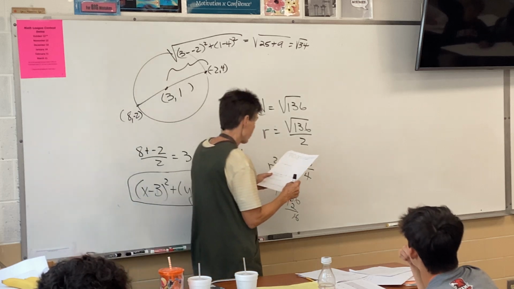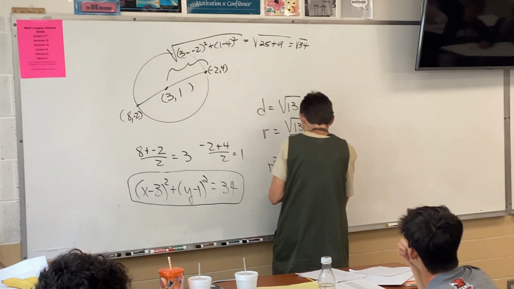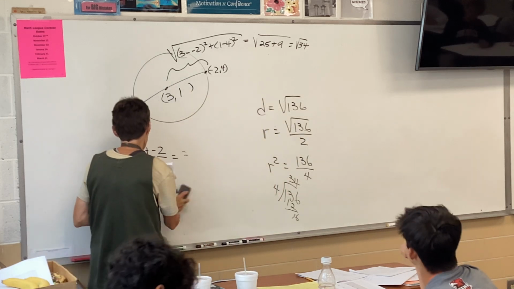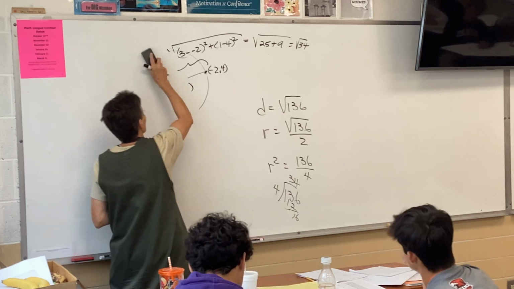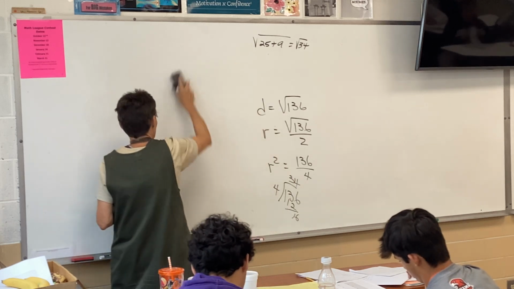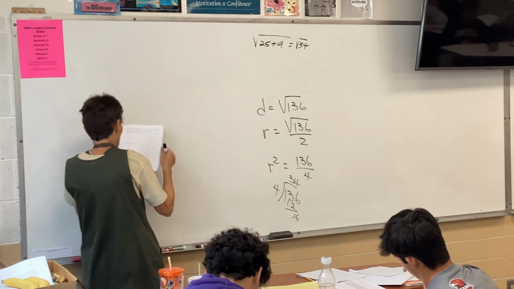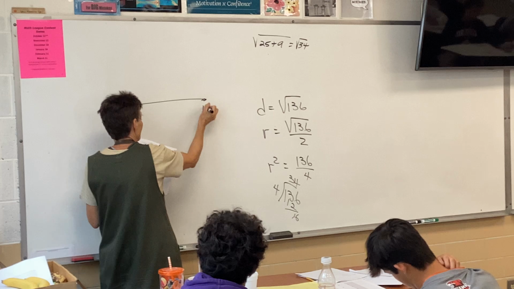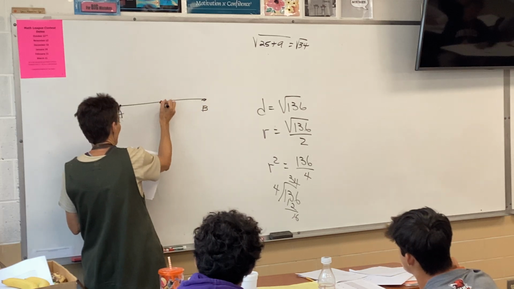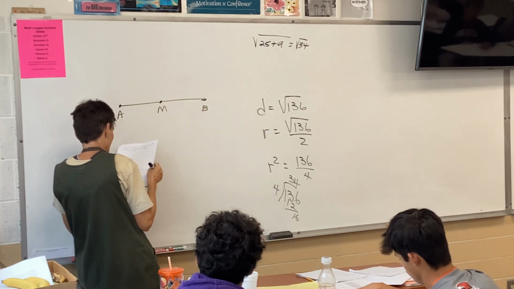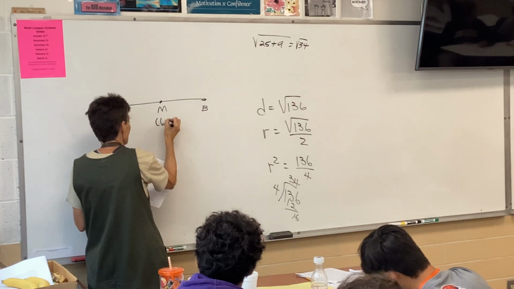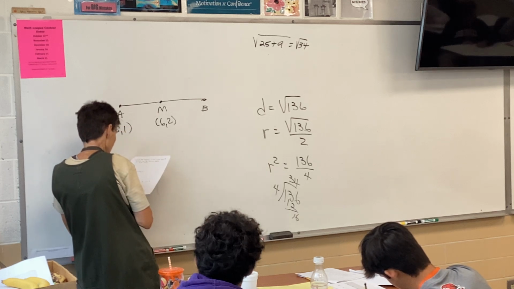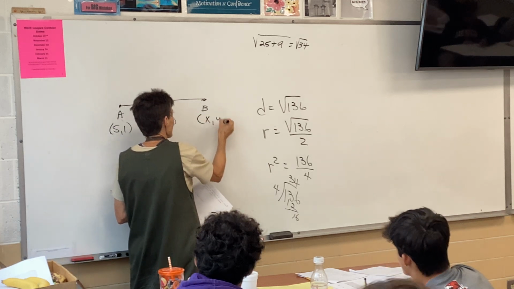Let's go ahead and do number 12, because it's a midpoint, and then I promise we'll go back and get number 10. All right, but let's look at number 12 and see what's happening there. I have a line segment, AB, and it has a midpoint, M. And I know that M is 6, 2, and A is 5, 1, and I have to find the mystery point.